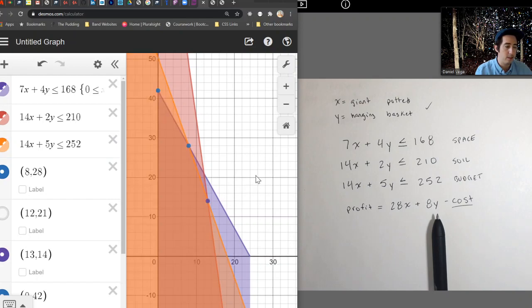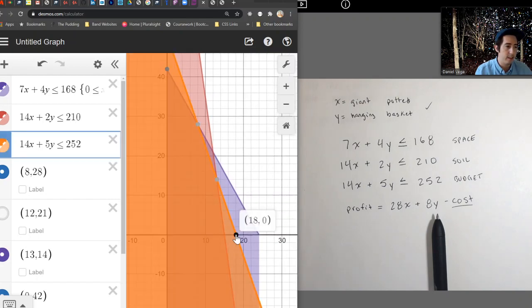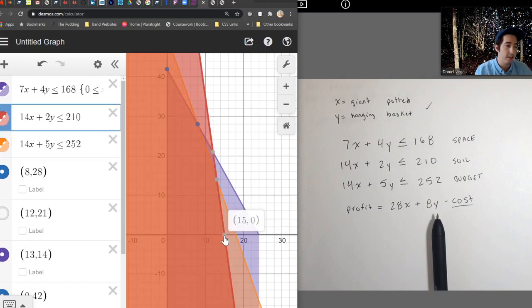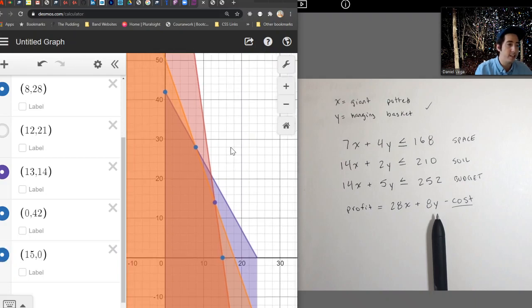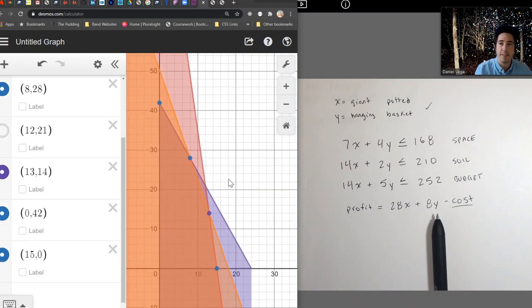And the last one, 15.0, is under the red shaded area, purple shaded area, and orange. So these 4 points are significant because a couple of lines intersect there. They would be like the maximum.